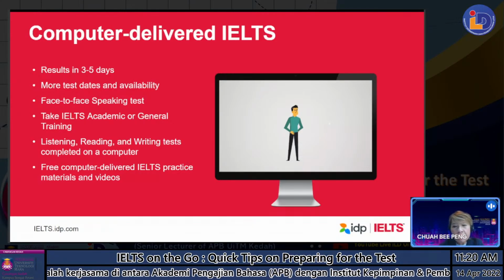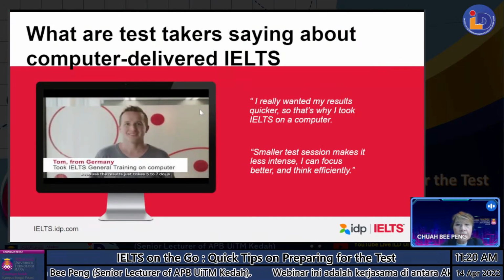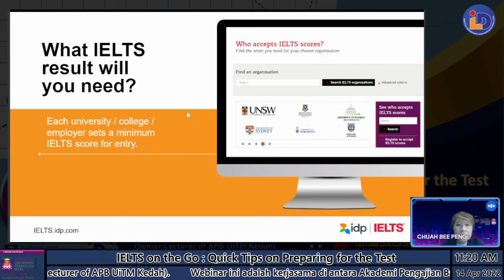Depending on the number of test takers and also the availability, you can request. But again, it's better for you to approach IDP Education at any branch and ask about it. But there is an option.